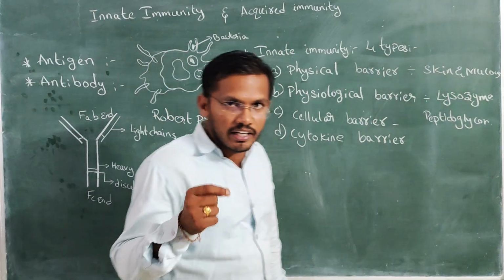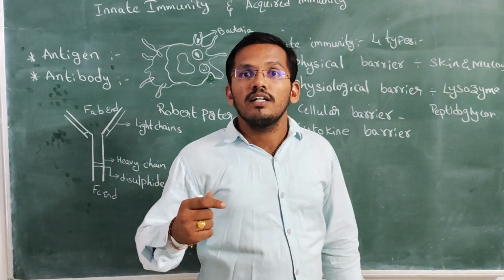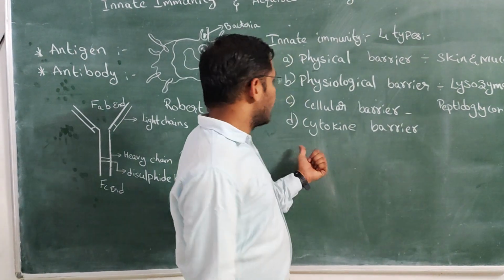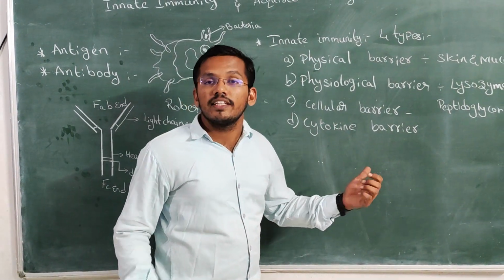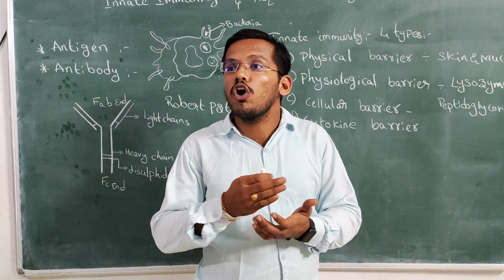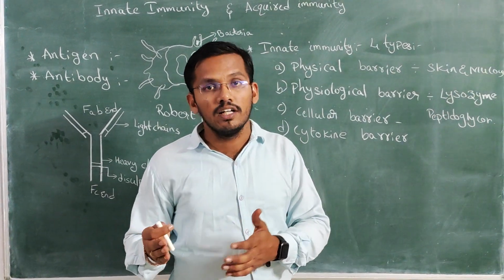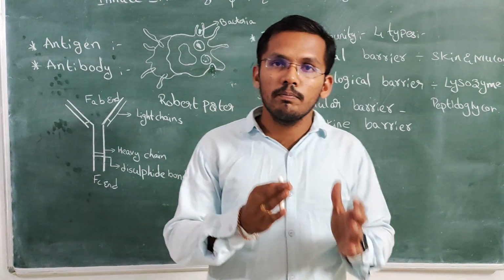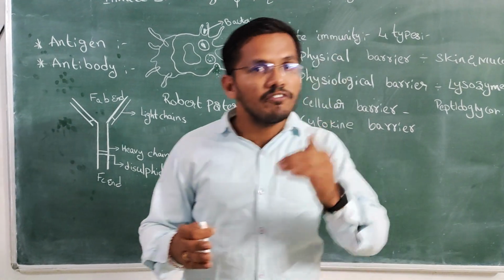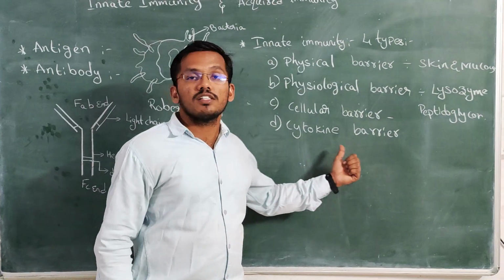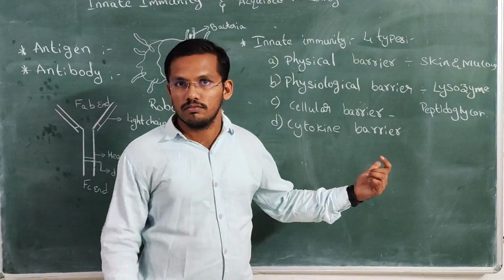If you have an infection that is spreading overly, with the help of the cytokine barriers the infected cells and the non-infected cells are differentiated. The non-infected cells will not be affected by the infected cells with the help of these cytokine barriers.